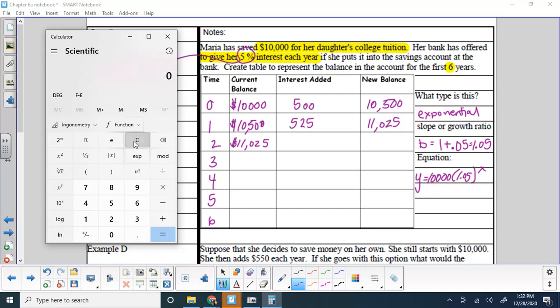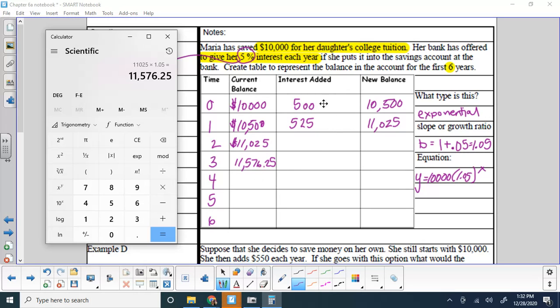So another way to do this is to always take the previous balance, so 11,025, and I can multiply it by 1.05, and that's going to give me my new balance. In this case, $11,576.25.